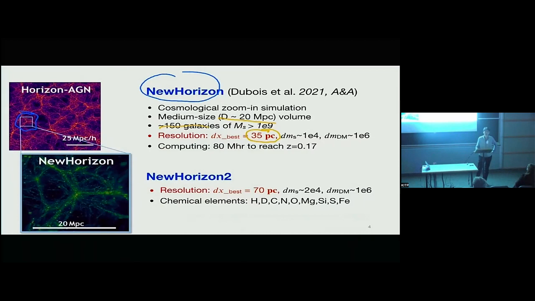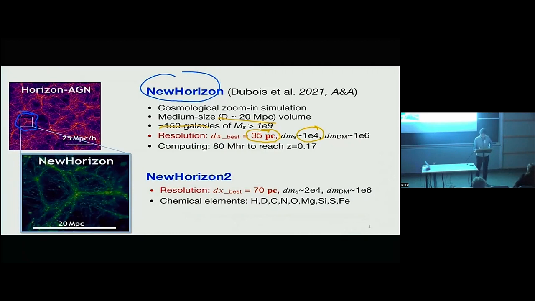It's about 30 times better than Horizon AGN, and probably about a few times better than TNG50, and probably twice larger than Wintergarten, if I'm correct. And the mass resolution is about 10,000 solar mass, so it's comparable to Wintergarten, but about 100 times better than TNG50.